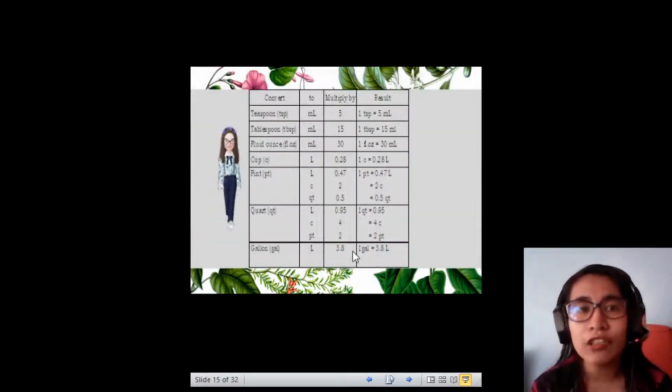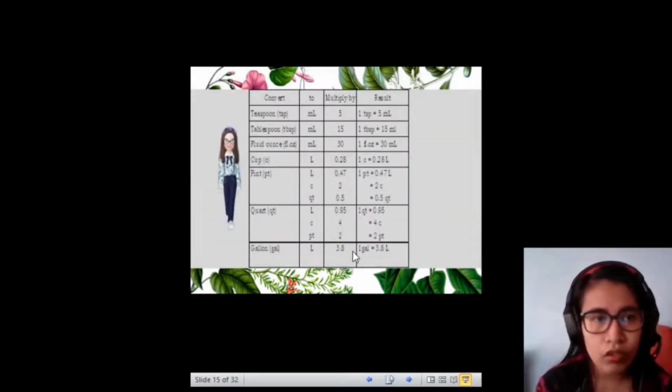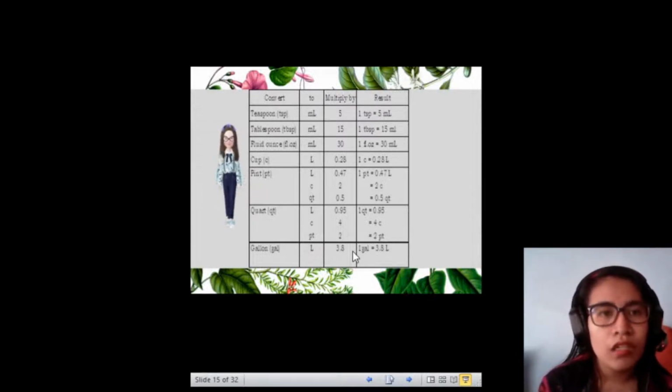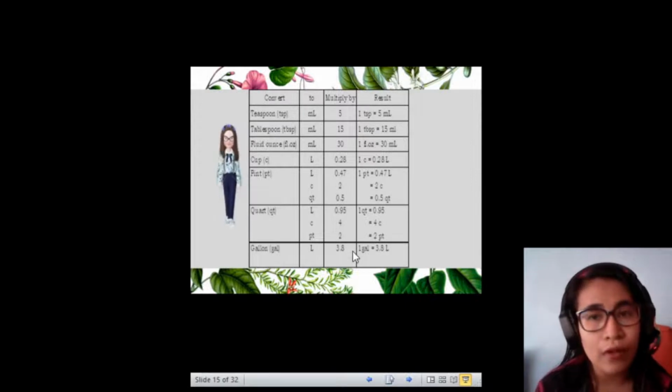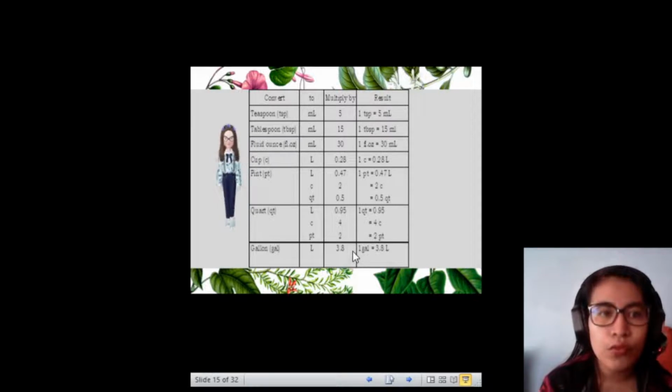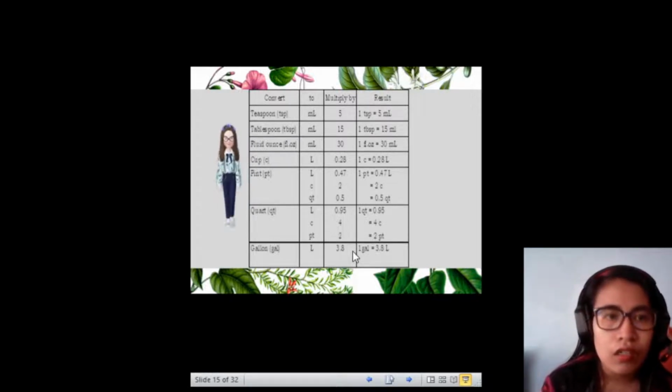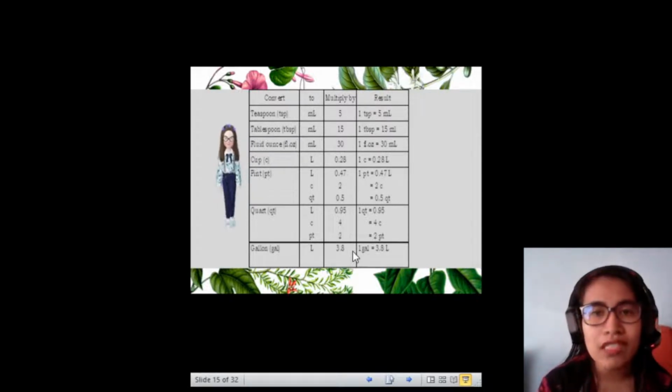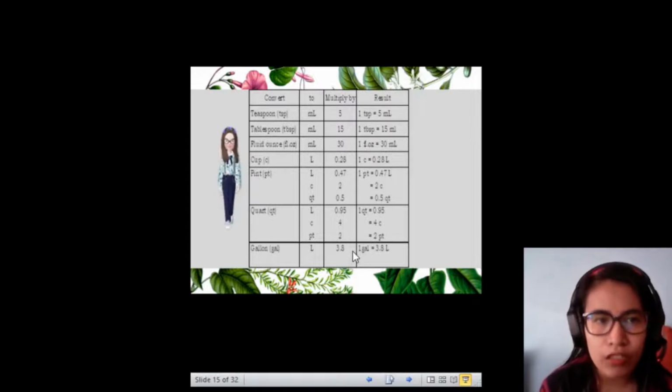We have here another table. To convert teaspoon to milliliter, 1 teaspoon is equal to 5 milliliter. Tablespoon to milliliter, 1 tablespoon is equal to 15 milliliter. Fluid ounce, 1 fluid ounce is equal to 30 milliliter.